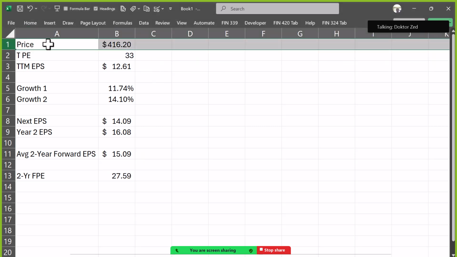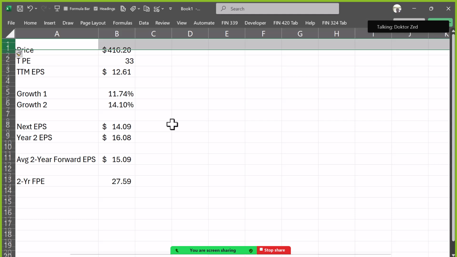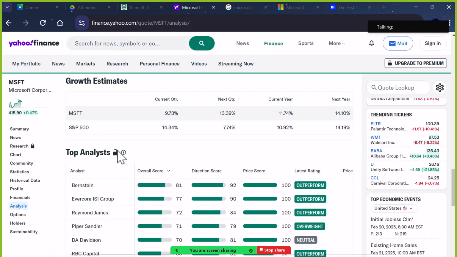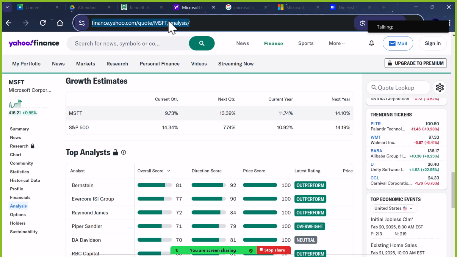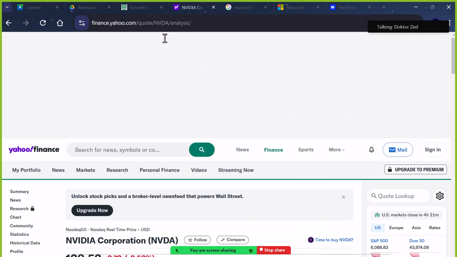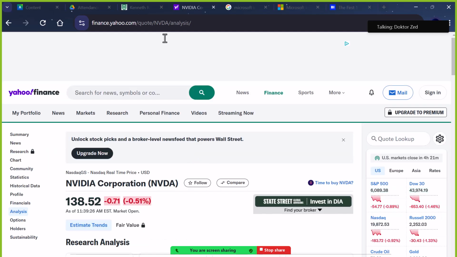Now, let's do the same thing for NVIDIA. I should actually make a template where you can get these links automatically.